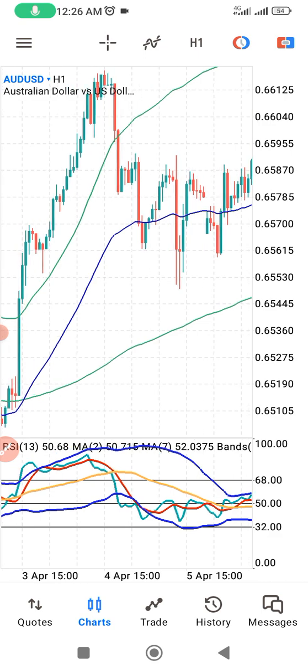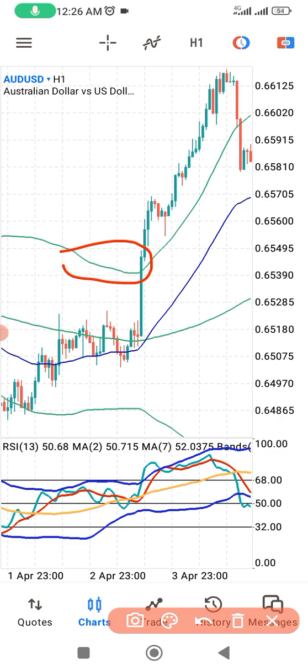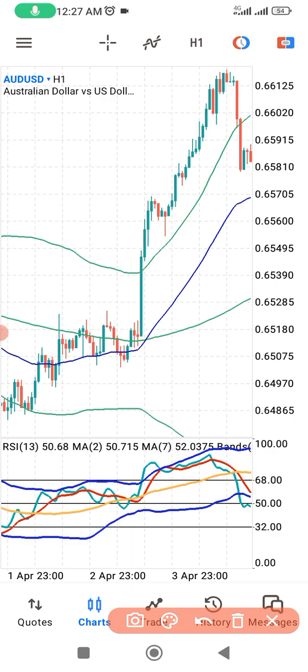This is our Bollinger Band, this is the upper Bollinger Band line, this other green one is our middle Bollinger Band, while this last one is our lower Bollinger Band. So whenever price is above the middle Bollinger Band, we are in an uptrend. And whenever price is below the middle Bollinger Band, we are in a downtrend.